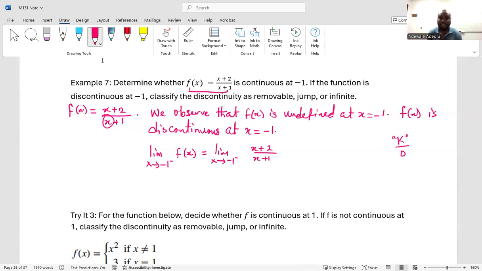We solved this by saying we need to separate that part that is making the denominator to be 0.